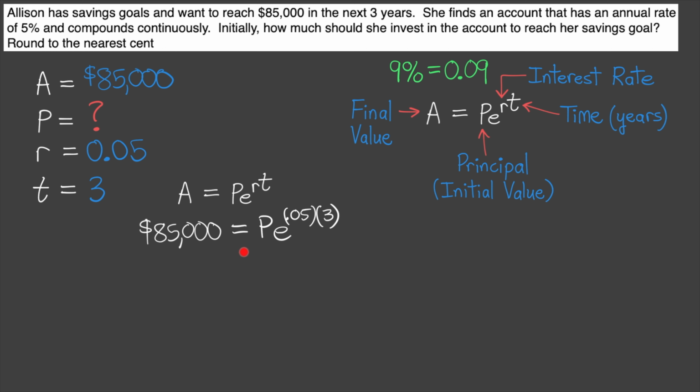All right, so now I'm going to plug in e to the 0.05 times 3 on the calculator, and we will get a value. So P times that value is 1.161834.